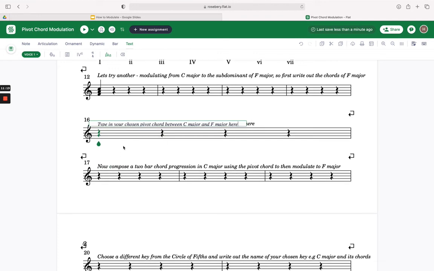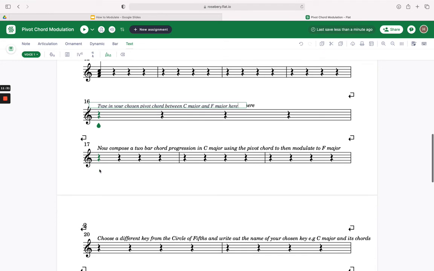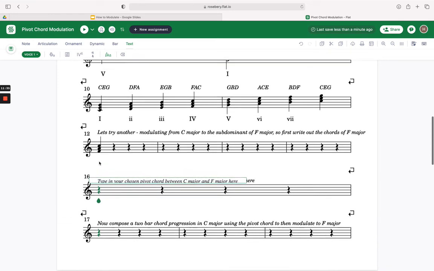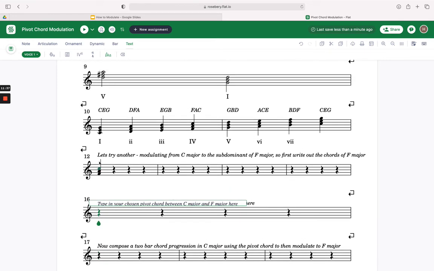Once you've done that, I'd like you to compose a 2-bar progression in C major using the pivot chord to then modulate to F major. Okay, really think carefully about what chords you use. You still want your progression to sound nice, so there are some chords that you might not visit as much, mainly chord 3 and chord 7.